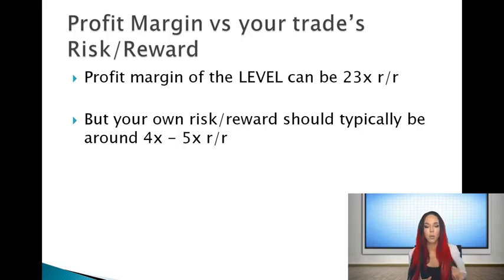If the price then moves away from that level 23 times, that means it has moved away 230 pips. But that is just the profit margin of the level, which is 23 times. It's not your own risk-reward ratio, which should really be at the maximum 4 to 5 times, but you should already think of booking your trades once your trade crosses over 2 times reward-risk.